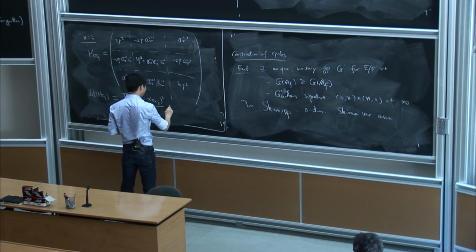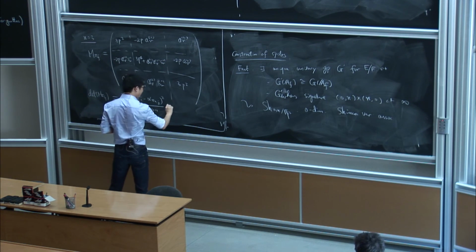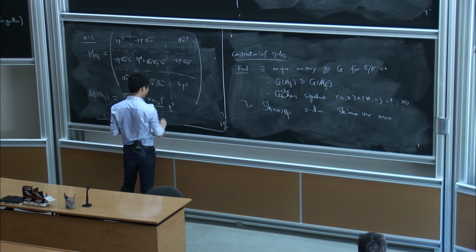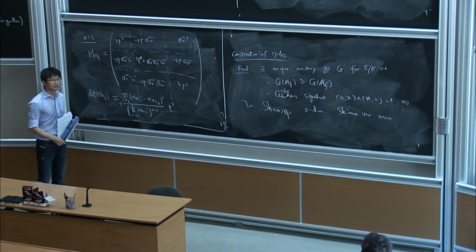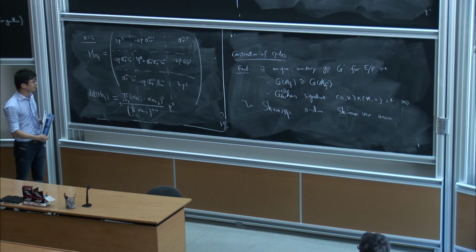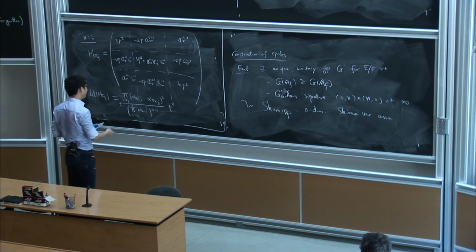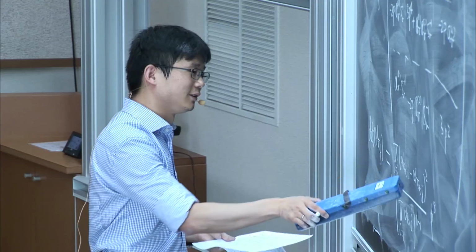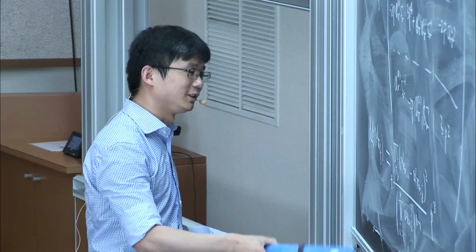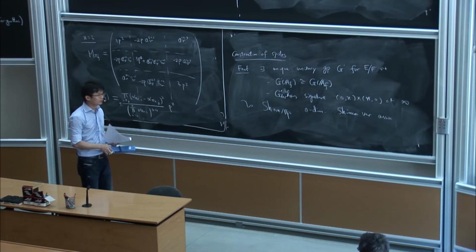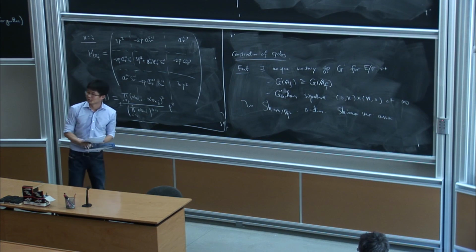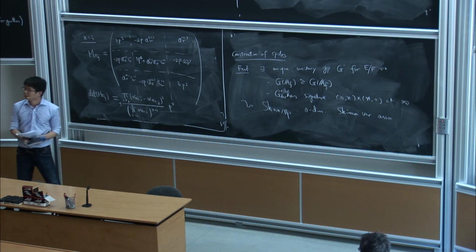This is up to sign, and there is a factor p to the 8. Anyway, once you compute this intersection matrix and its determinant, you find that as long as the Frobenius eigenvalues are distinct, the whole intersection matrix is non-degenerate, so its contribution is maximal.